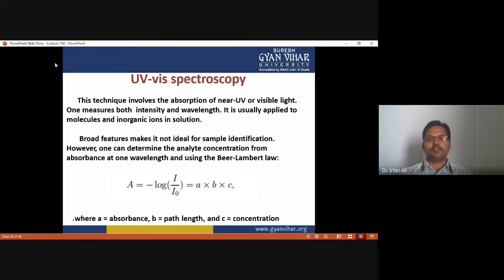Now, UV spectroscopy. As we discussed, UV spectroscopy is used for the analysis of DNA, analysis of RNA, and estimation of protein. So these biomolecules can be estimated by the use of UV-visible spectroscopy. But apart from this, this technique is also used for the characterization of nanoparticles.